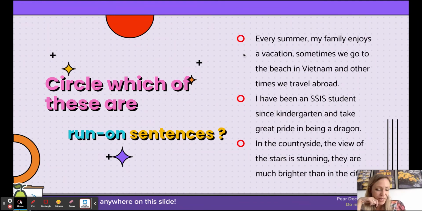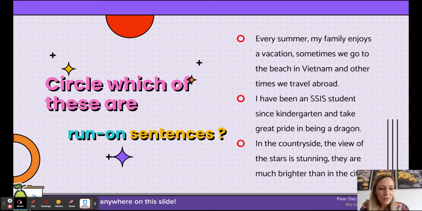So number 1 is a run-on sentence, and we could fix it by turning this comma into a period. Every summer my family enjoys a vacation, period. Sometimes we go to the beach in Vietnam, and other times we travel abroad. So that last part can be a compound sentence. Number 2 is okay. It's a fine sentence on its own.